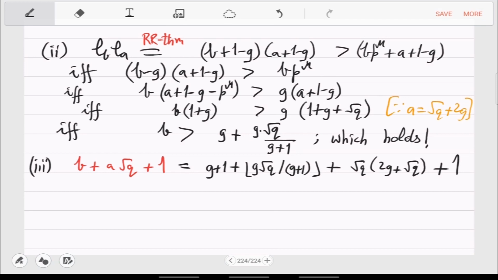That's what the LHS is. We have to upper bound this. So this is less than or equal to, plus q plus 1.